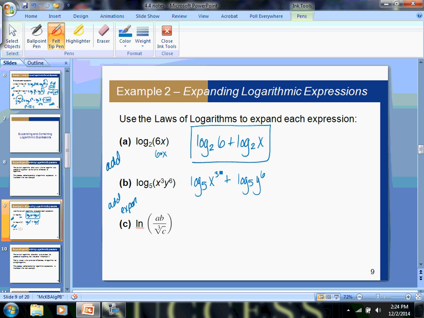And then we're going to do our second step where this exponent is going to drop in front here and drop in front there. So we'll really have 3 times the log base 5 of x plus 6 times log base 5 of y.